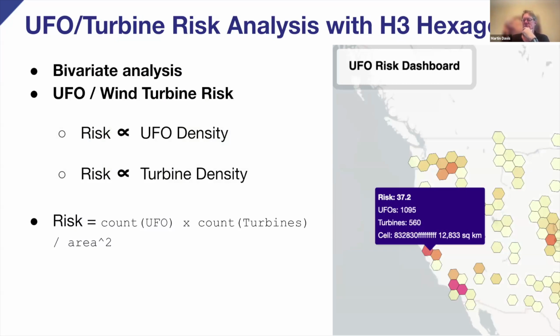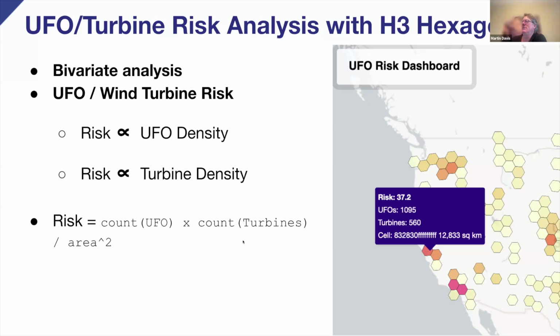Okay, so we've been moving right along here. Now we're going to do the UFO turbine risk analysis, which is what we talked about at the beginning. Those are both point data sets.